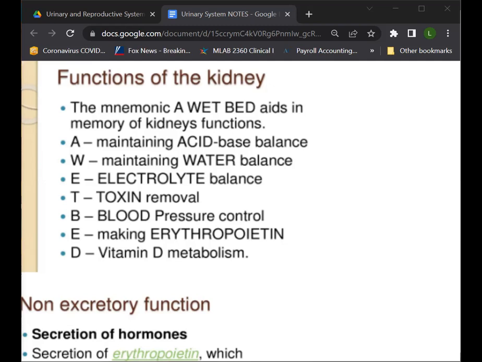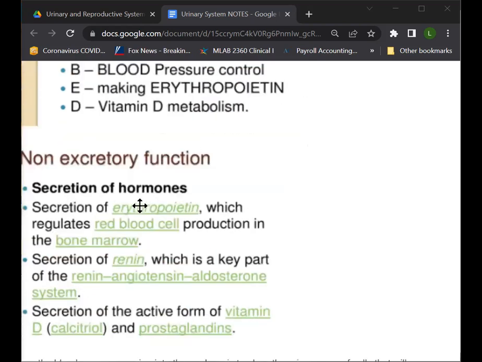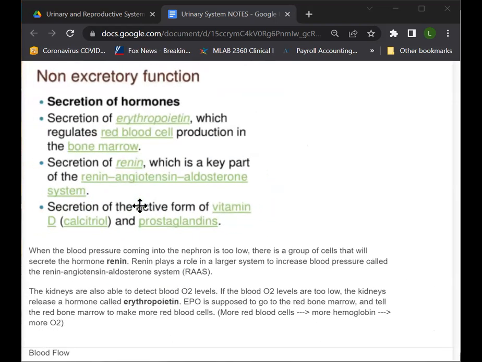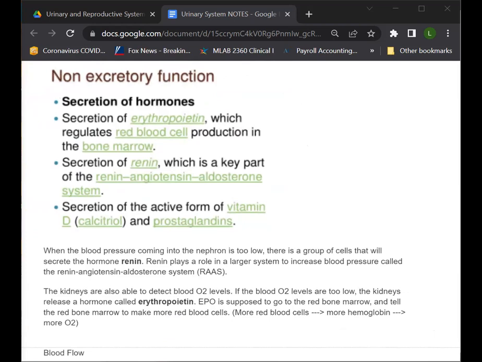Okay, so let's take a look at what exactly the blood pressure control is and the erythropoietin. The kidney is monitoring both the blood oxygen levels and the blood pressure coming into the kidney. If the blood pressure coming into the kidney is too low, then the kidneys will secrete a hormone called renin. And then renin is supposed to play a bigger role in the renin-angiotensin-aldosterone system.